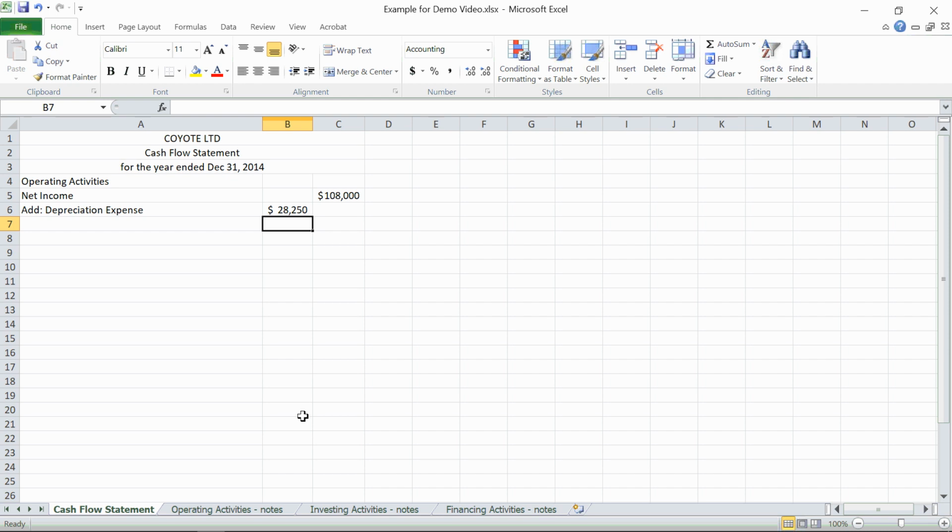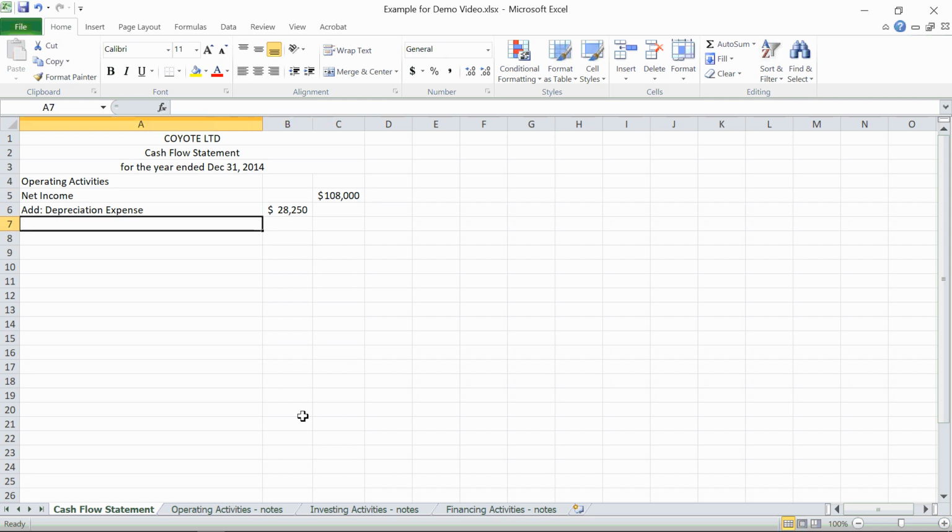And now I'm going to move on to other non-cash items that have been included in net income. We're told that land with a cost of $50,000 was sold at a loss of $20,000. Gains or losses on disposals of equipment have already been added to or subtracted from net income, but themselves are non-cash gains or losses.